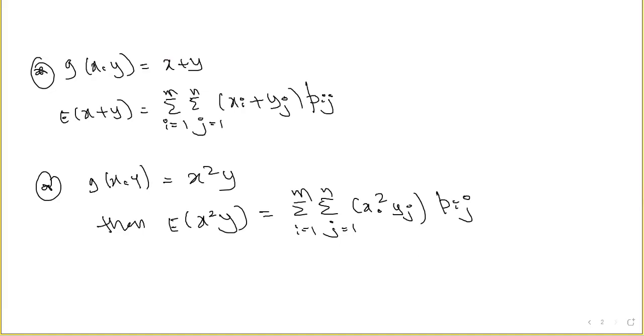Like this, instead of g of x, we can have any function. This is the expected value of a bivariate distribution.